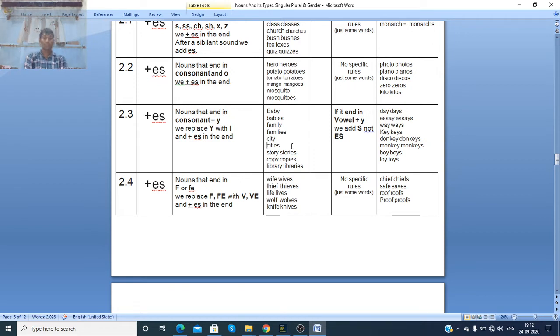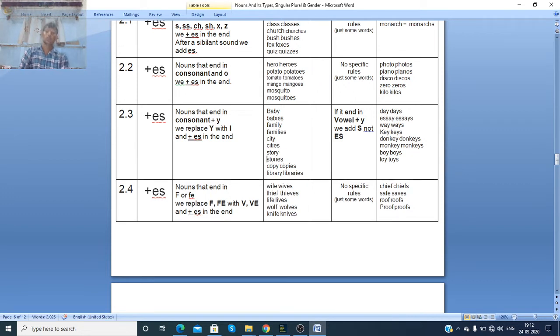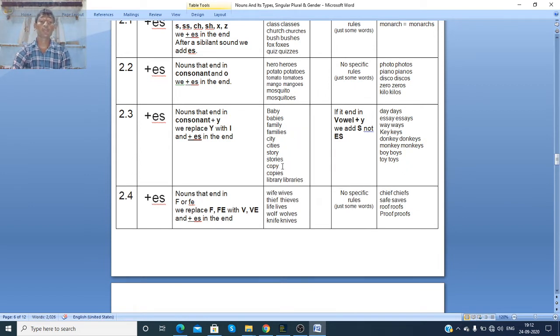Story will become stories. Copy will become copies. P is a consonant and then Y, so we replace Y with I and it will be copies.